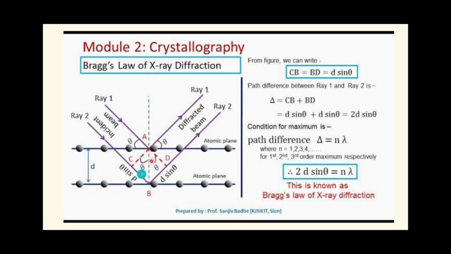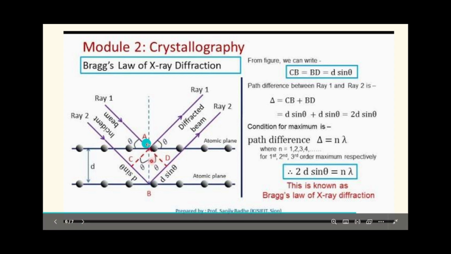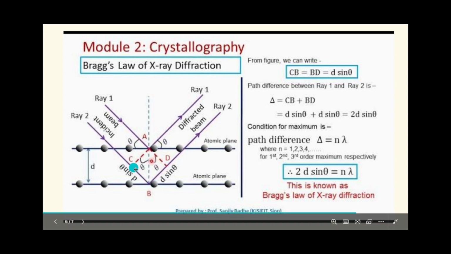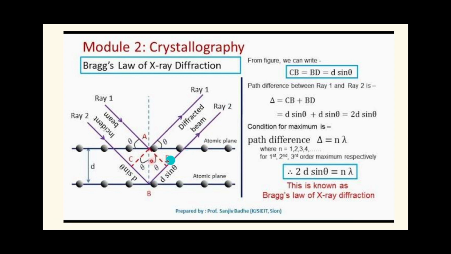This is ray 1, and this one is ray 2. When a ray falls on an atomic plane, it will reflect or scatter at some angle. You see that this angle is equal to this angle, and in the same way the second ray is transmitted and reflected from a second plane. The angle between the incident and the diffracted ray is theta.